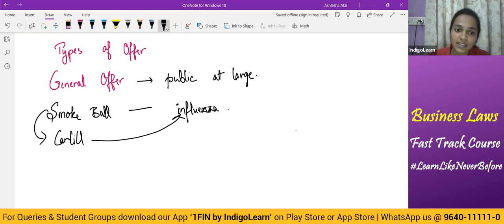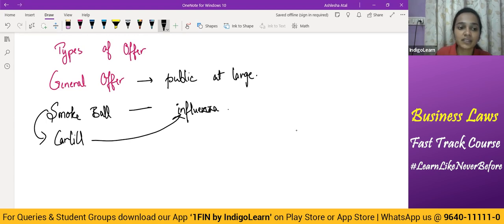So that's what happened in this case law, Carlill versus Carbolic Smoke Ball Company. It basically says that whenever a general offer is made, it is open to the public at large, and anyone can come forward and accept the offer.